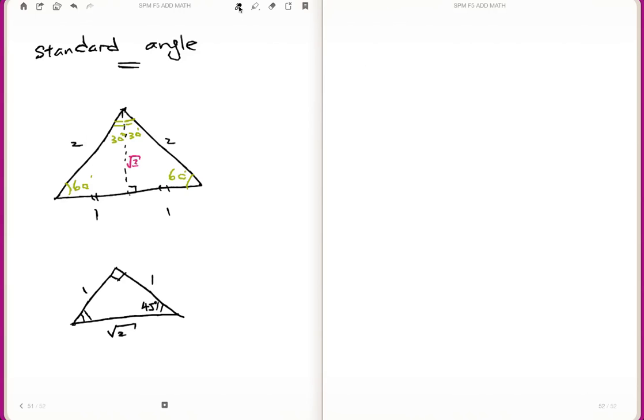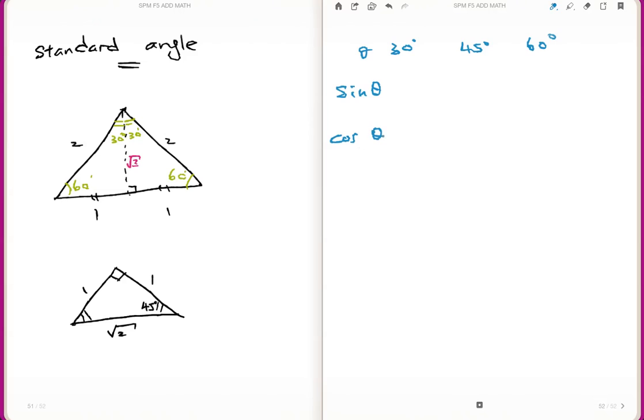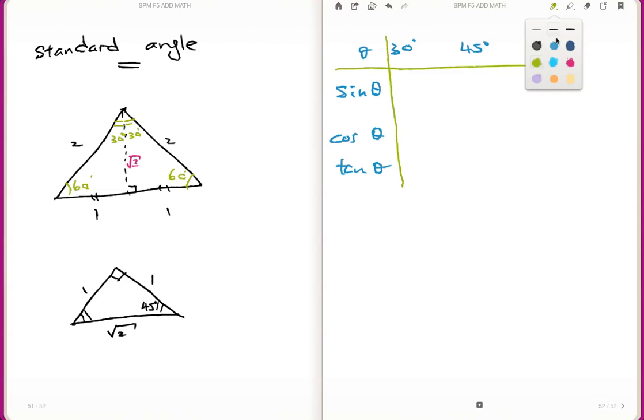So in order to find out the standard angle values of theta, 30, 45, and 60, for sine, cos, tangent, get a table. You may fill up this table accordingly.